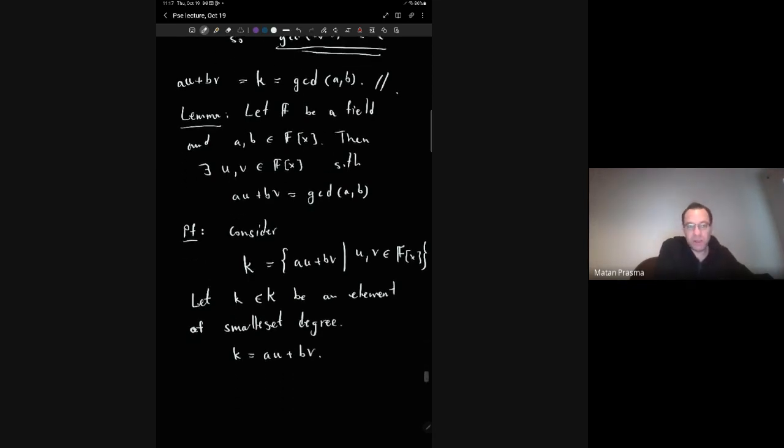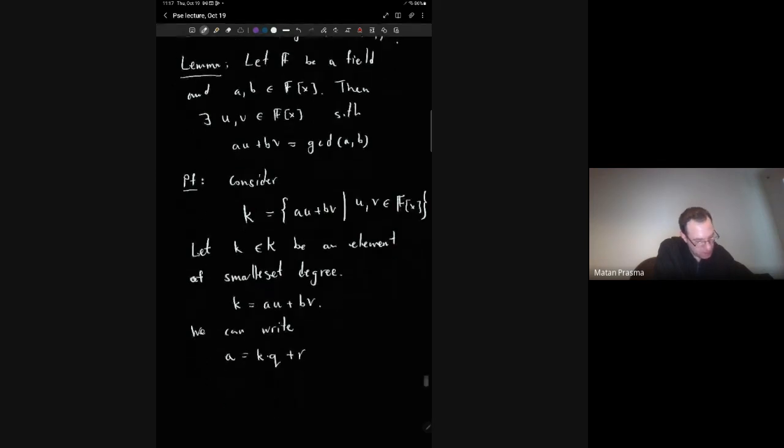Now I do long division of A by K. A is equal to K times Q plus R, with, of course, degree of R strictly smaller than the degree of K, and bigger or equal to 0.